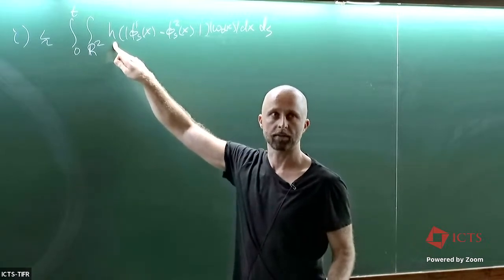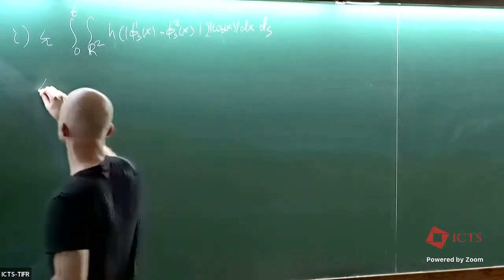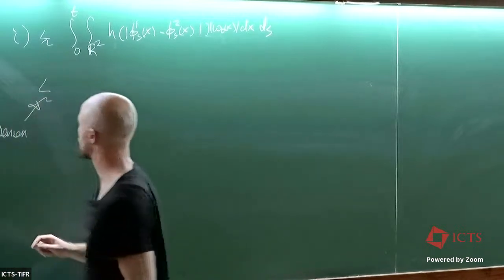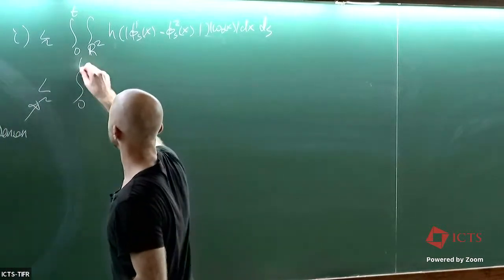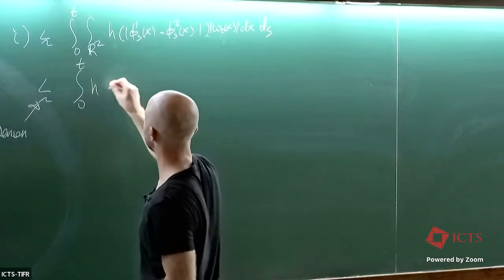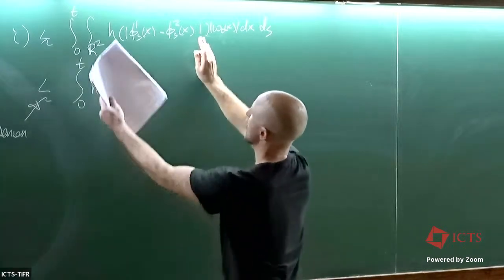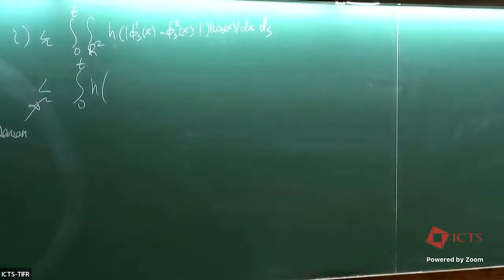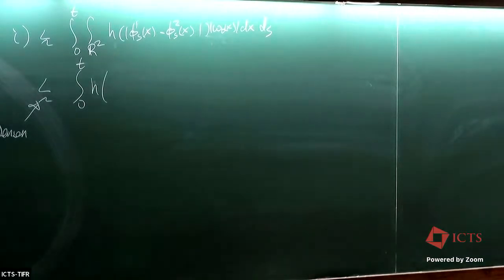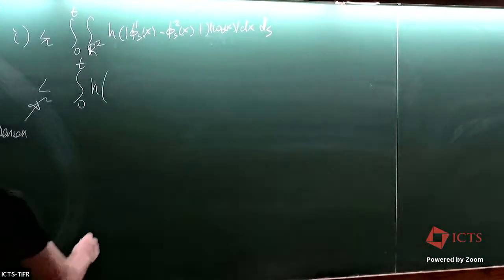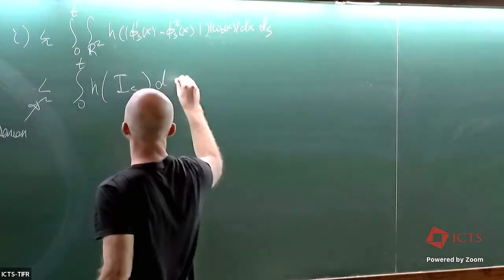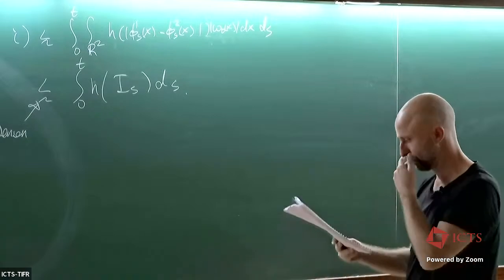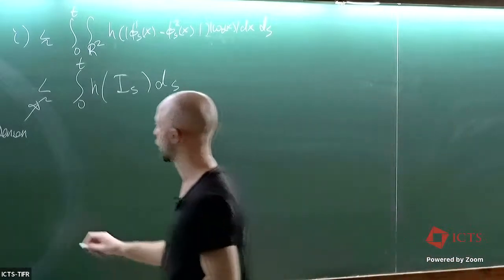So we can use Jensen's inequality to say that this is bounded by H of integrating exactly what's left, that's this quantity here at S. So this is IS.